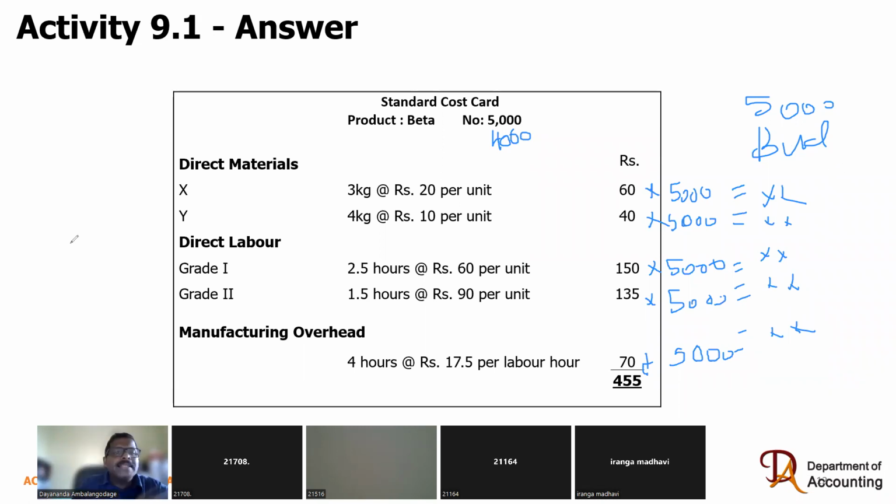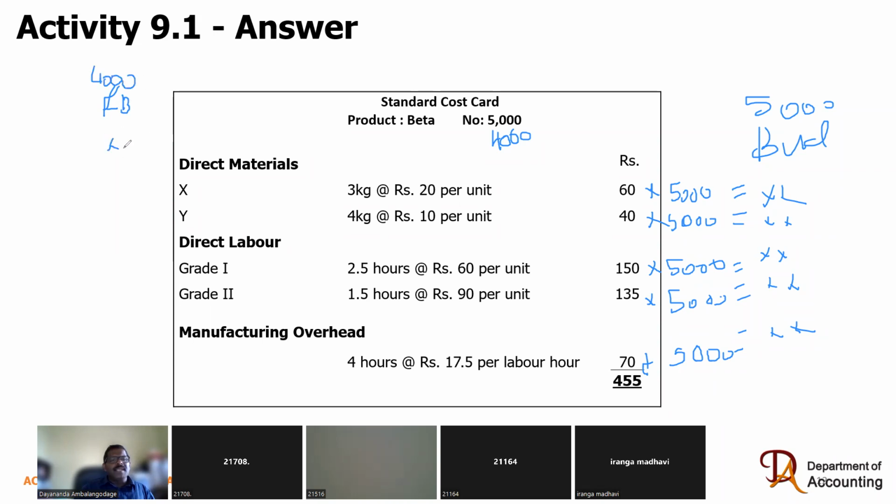You can prepare the flexible budget if that is the case. A flexible budget is not for 5,000, it is for 4,000.